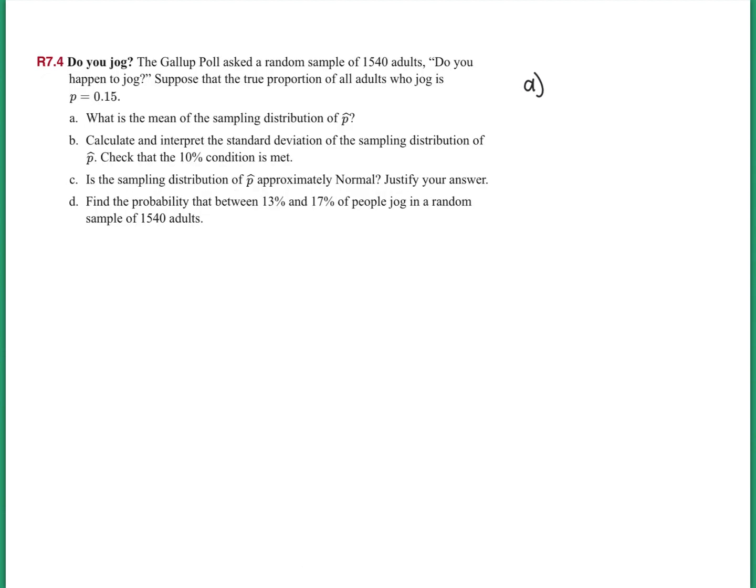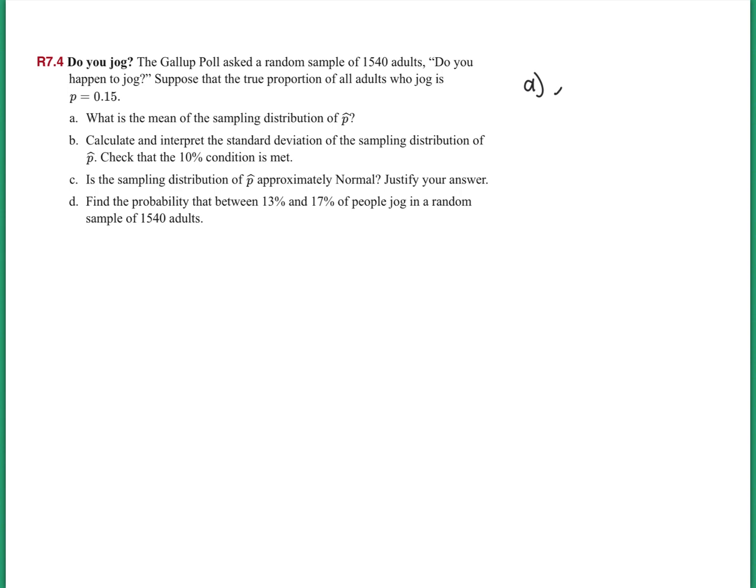Okay, so the Gallup poll asked a random sample of 1,540 adults, do you happen to jog? Suppose that the true proportion of all adults who jog is p equals 0.15. What's the mean of the sampling distribution of p hat?